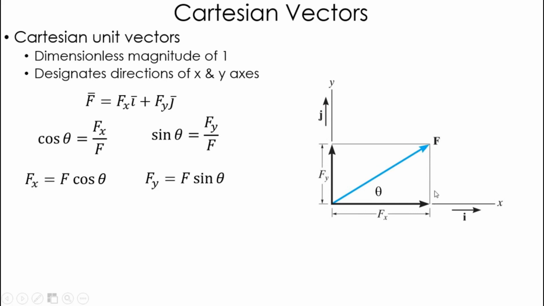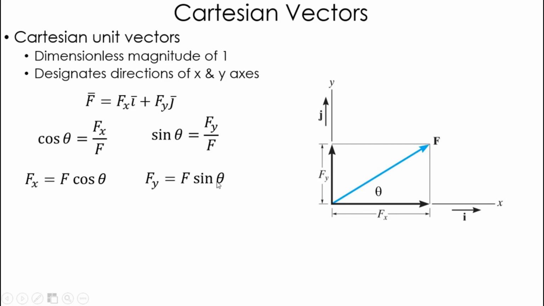So the sine is the opposite over the hypotenuse. So I have Fy over here divided by the magnitude of F. Okay, now through algebraic manipulation, I can actually figure out that the x component is simply the magnitude of F times the cosine of theta, and the y component is the magnitude of F times the sine of theta.